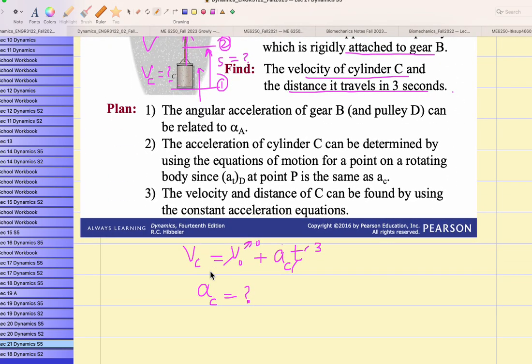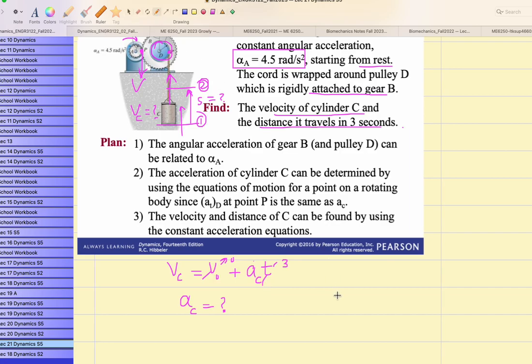The linear acceleration, which is the tangential acceleration, alpha times R, is also the same at the meshing point. So for the meshing point P, can I write down that the tangential acceleration is alpha_A R_A, the same at the meshing point as alpha_B R_B? Can I write it like this?